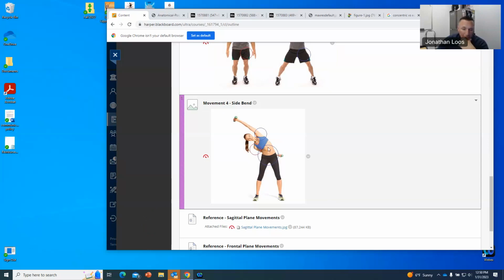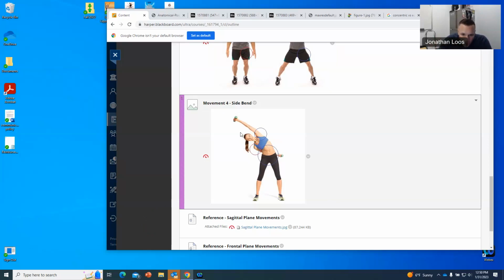Okay, I don't have a screen markup tool, but let's go back to the screen there. All right, so what I wanted to do is draw a straight line right here so you can see midline. So here, looking at the trunk, she's doing lateral flexion away from midline, okay?